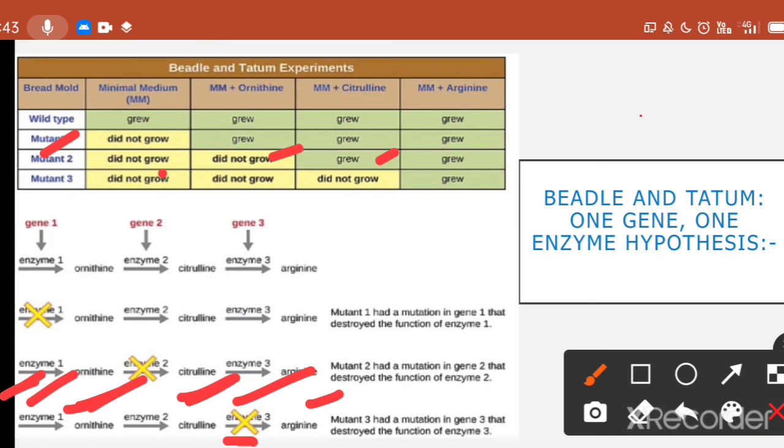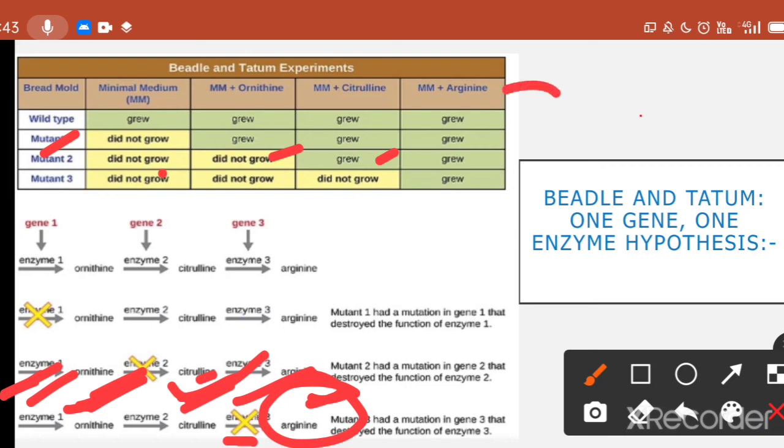Due to this, it couldn't grow in the minimal medium or the medium with ornithine and citrulline as a supplement, but it could grow on arginine because it is the end product of the biosynthetic pathway.